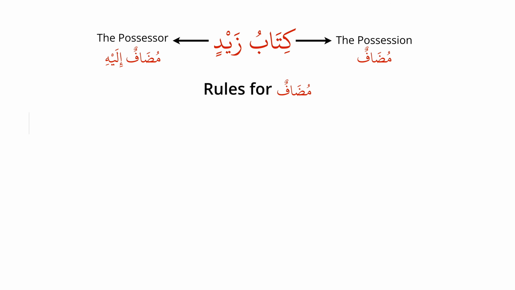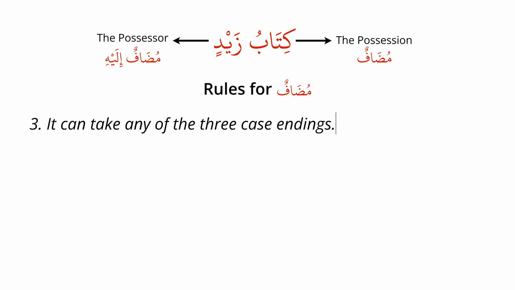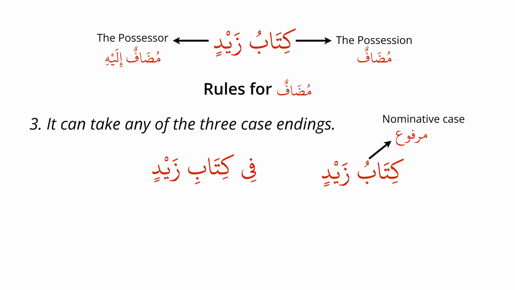Rule number 3, it can take any of the three case endings. For example, in the phrase kitabu zaidin, the mudhaf, which is kitab, is marfu', in the nominative case. And if a harfu jar, that is a preposition, precedes it, for example, fi kitabi zaidin, meaning in Zaid's book, the noun kitab, which is mudhaf, is majroor, meaning in the genitive case because of harfu jar fi preceding it.